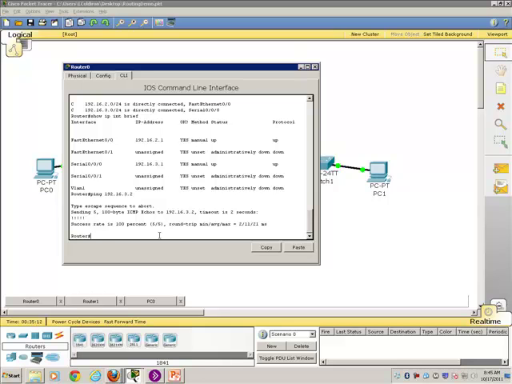And lo and behold, we have success. Exclamation points are good. Exclamation points when you copy to TFTP are good. Dots are bad. Dots mean it ain't happening. So since both of these know about the 3 network, they can communicate with each other. They're also directly connected, so it's not a big deal. They are directly connected to each other.